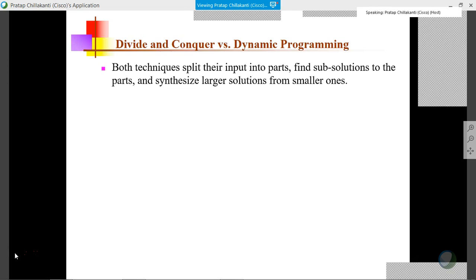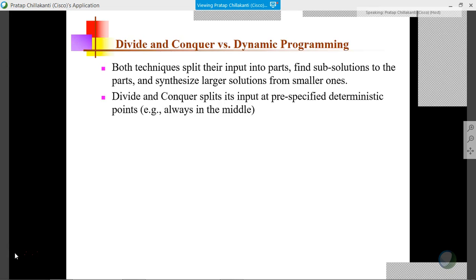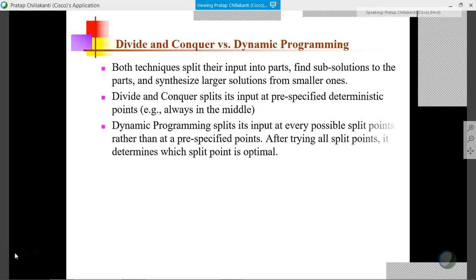First bullet is pretty straightforward. Both of them split their input into parts to find sub-solutions and synthesize larger solutions. Most of the divide and conquer, you're splitting in the middle, as you know, like when you did the binary search, right? Not always, most of the time. Whereas in dynamic programming, you're splitting at every different point.